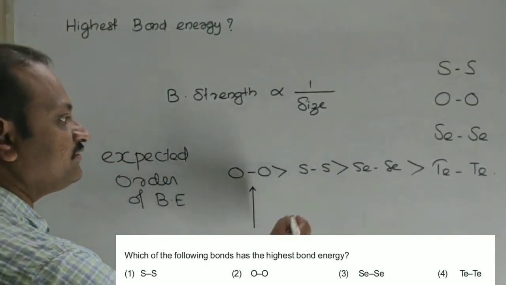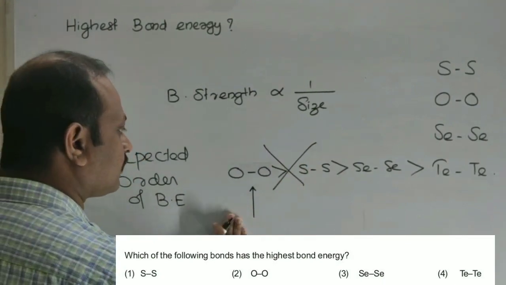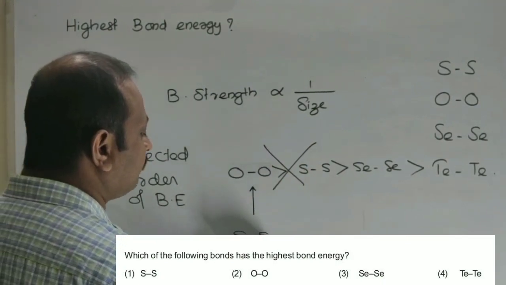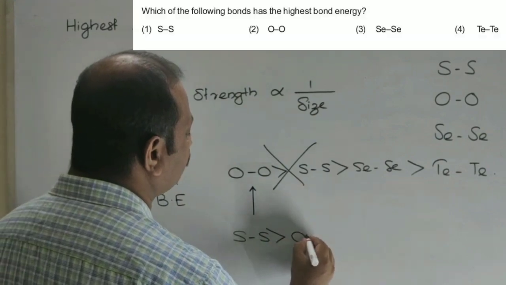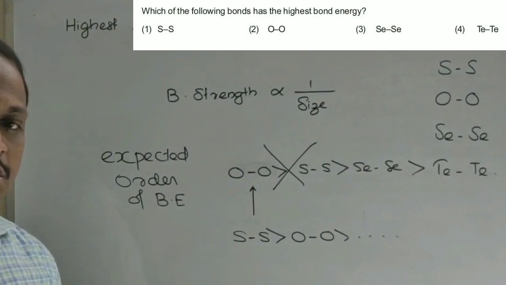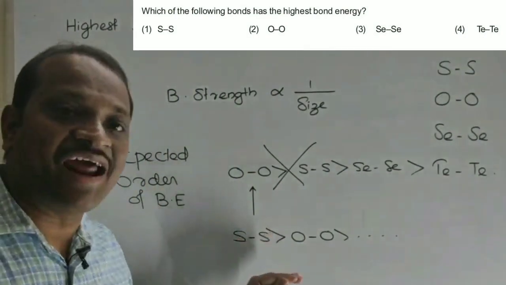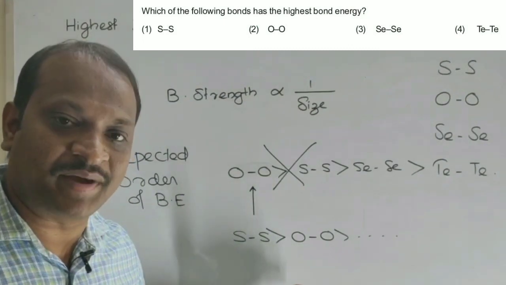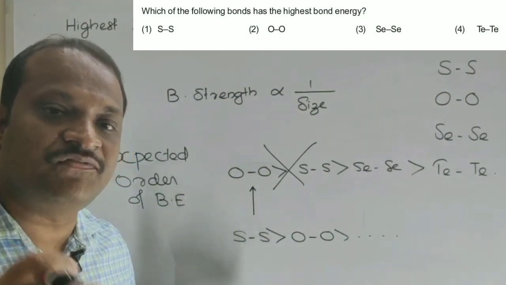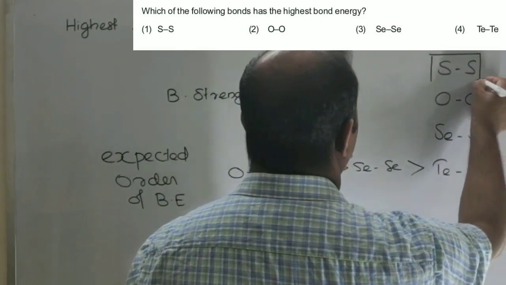So the right order is not this. This is wrong. Instead, what will be the right order? Sulfur will be greater than oxygen. In that way, this order will be followed. So who has the higher bond energy? It's not OO as we expected. It's sulfur. So our answer in this option is SS.